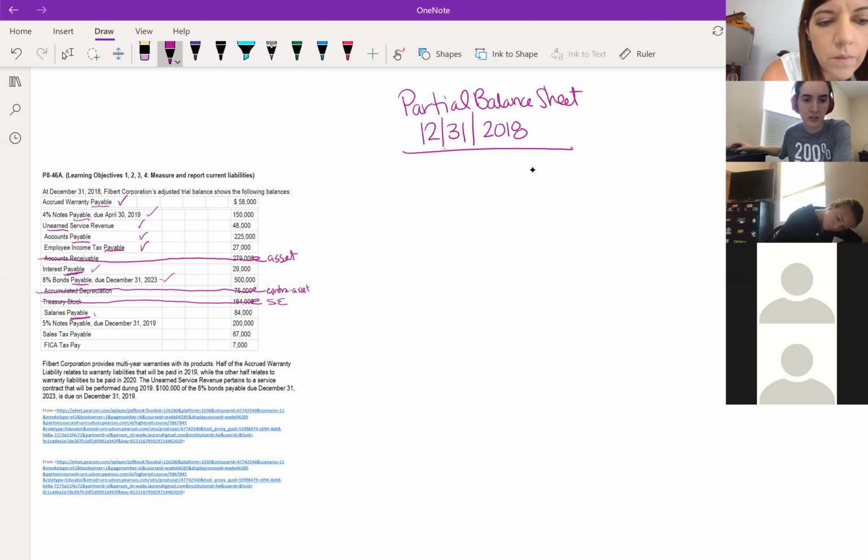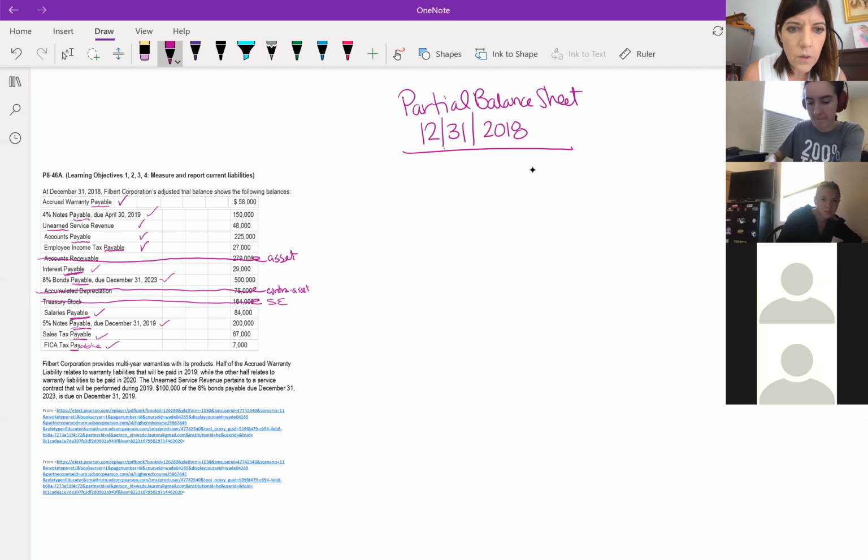Salaries payable, liability. Notes payable, liability. Sales tax payable, liability. And then FICA tax payable. Sorry, I cut off the wording. It is payable. I just wrote pay. So 3 of those items are eliminated. That helps.